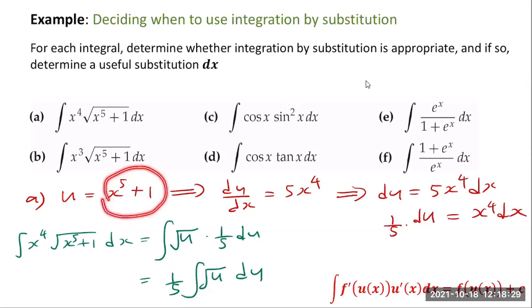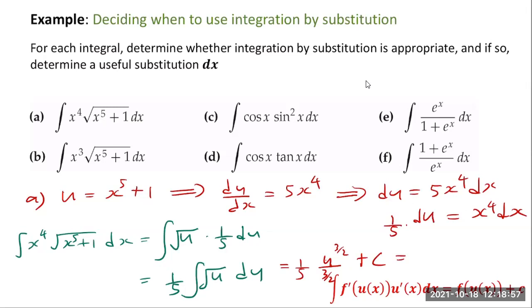For the first example, I will show you the final answer, but for the next part, I will bring you to a place where you can integrate, and then I will leave it for you to integrate it. This will be 1 over 5 times the integral of square root of u, which would be u to the power 3/2 divided by 3/2 plus the constant c.